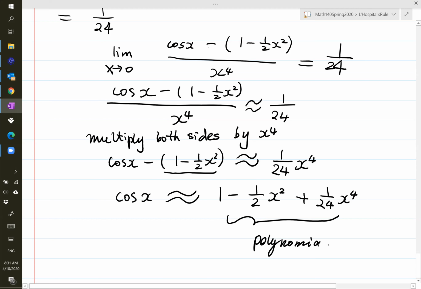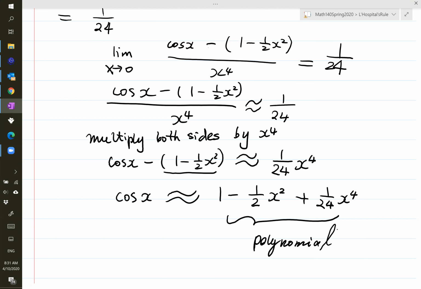Now we know a polynomial is easy to manipulate. Polynomials are easier to manipulate because they are algebraic. So you have multiplication, addition, subtraction, etc. Now the left side, trig, is in some sense transcendental.